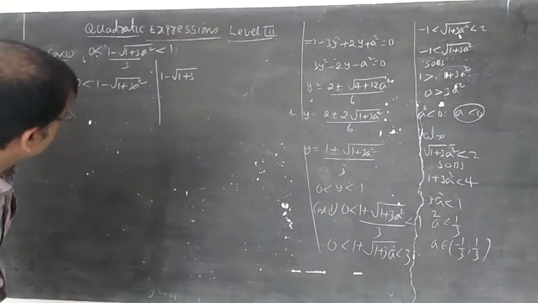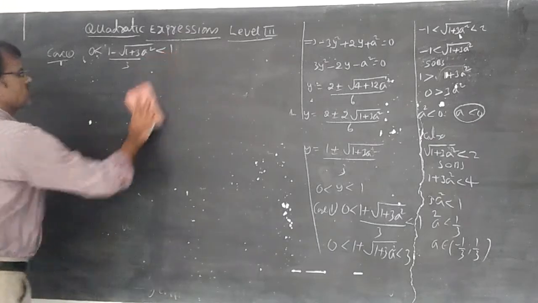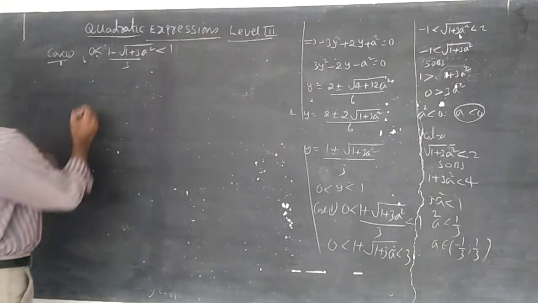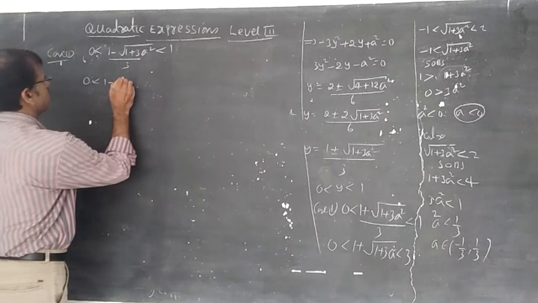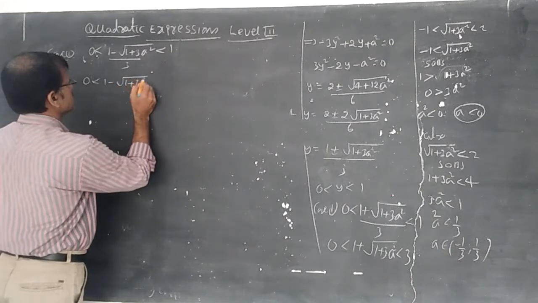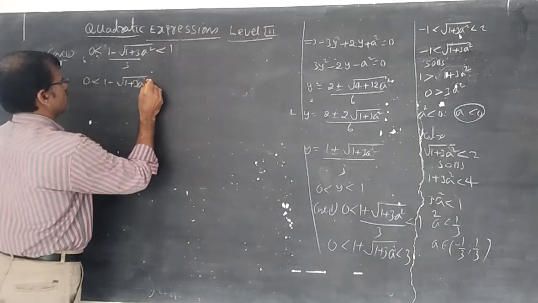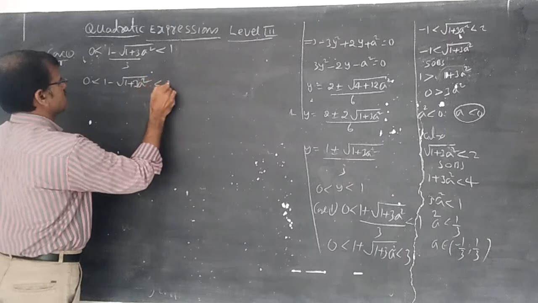In the same manner, let us do cross multiplication. 0 less than 1 minus root of 1 plus 3a square less than 3.